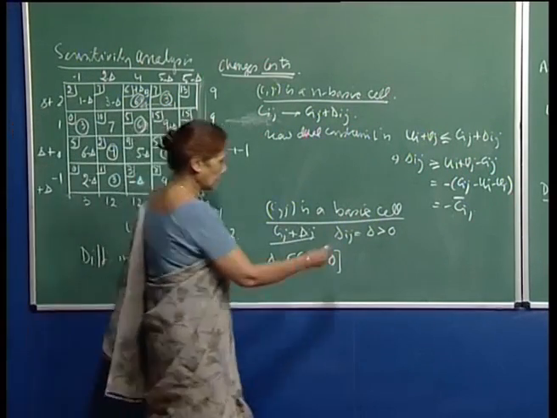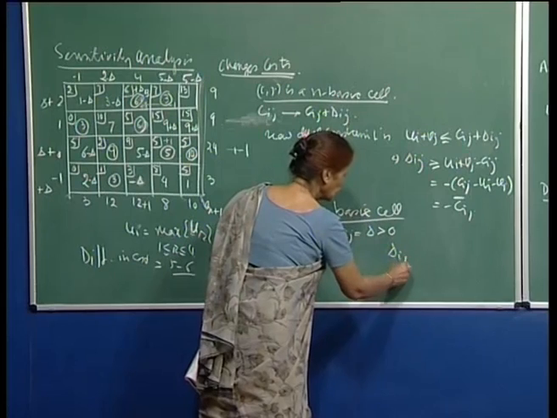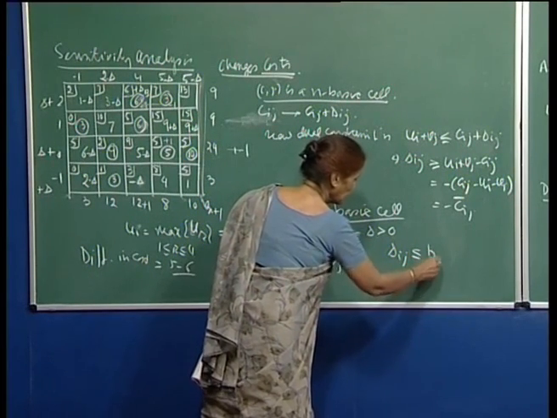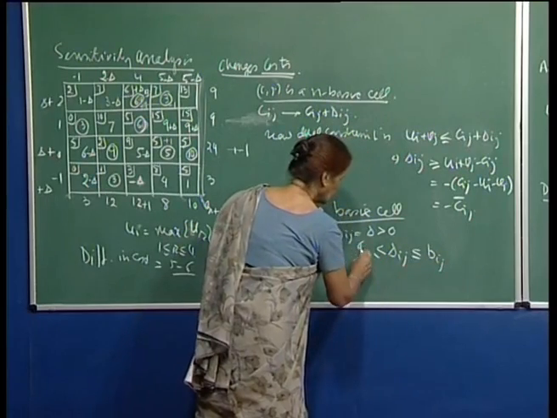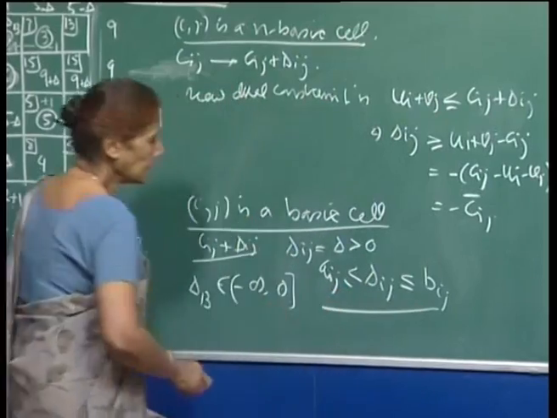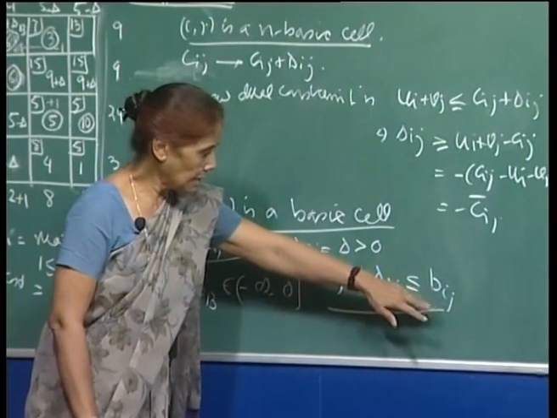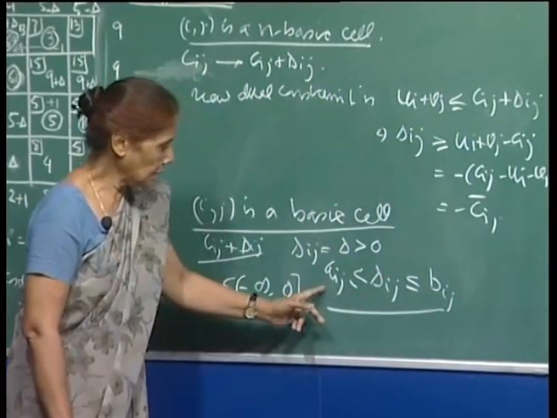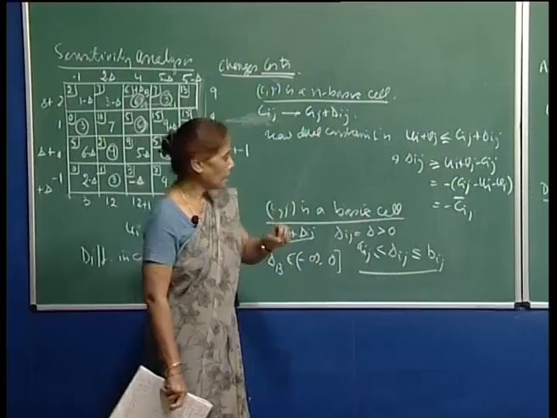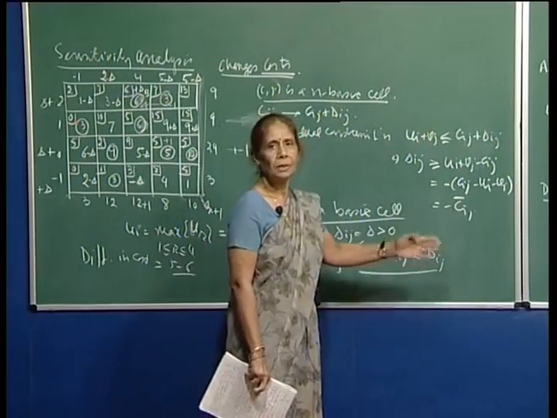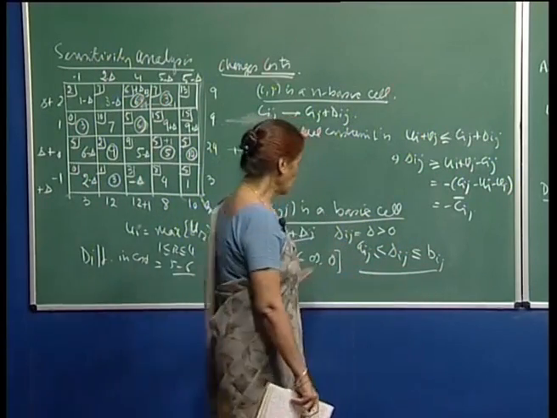Otherwise, when you get an interval, say for example, some aij and bij, you will get an interval like this, and for delta ij greater than bij or less than aij, the corresponding cell will be a candidate for entering the basis, and then you can continue with your simplex algorithm to get a new optimal solution.